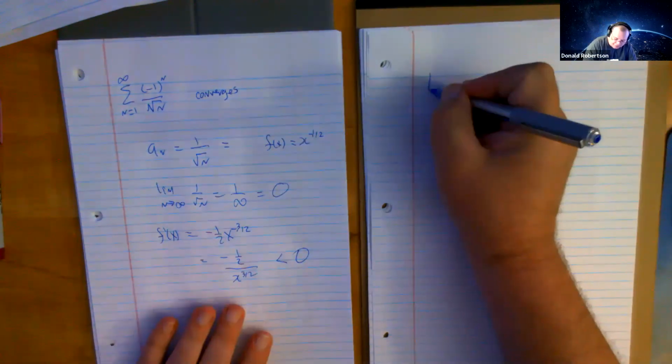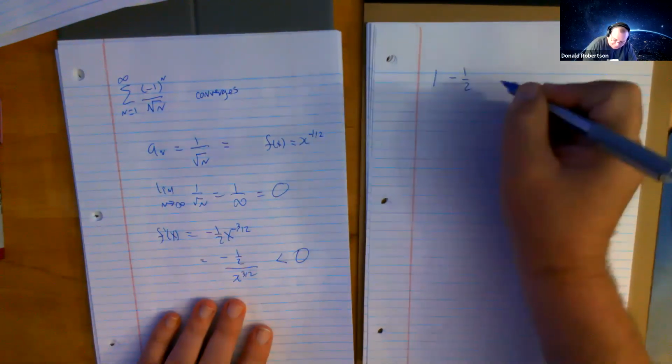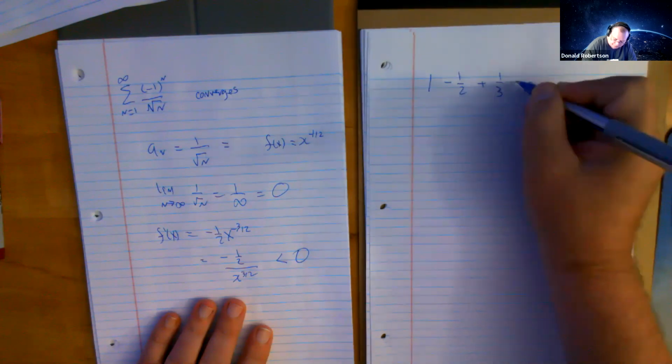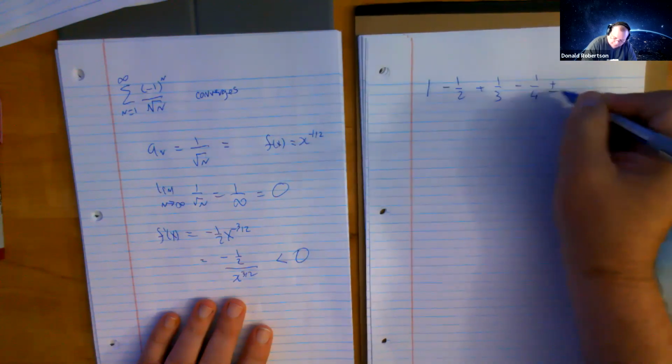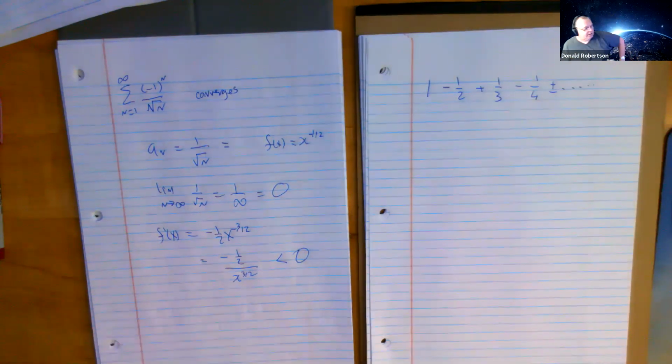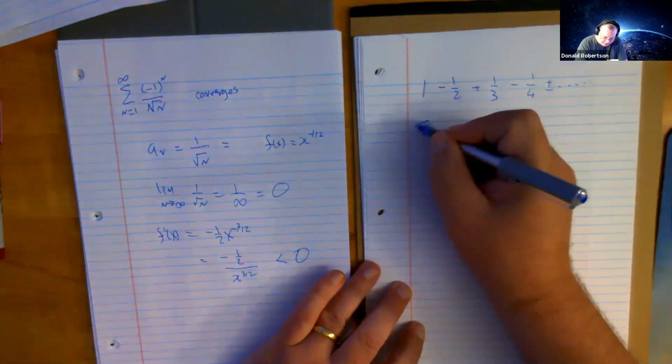How about this question? That is an alternating series, agreed? But if I'm going to do my alternating series test, don't I have to convert it into sigma notation? So let's see what that looks like.